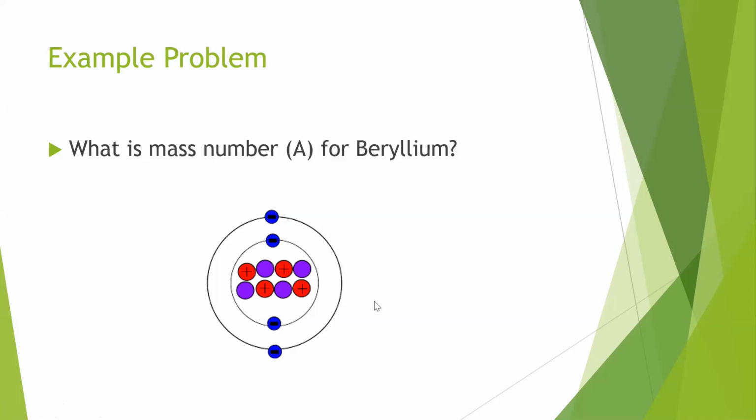So remember, mass number A is protons plus neutrons. We basically count everything in the center of the atom, which is here.